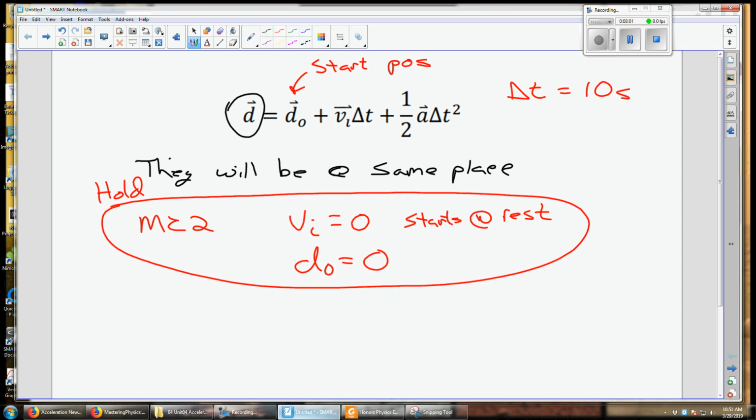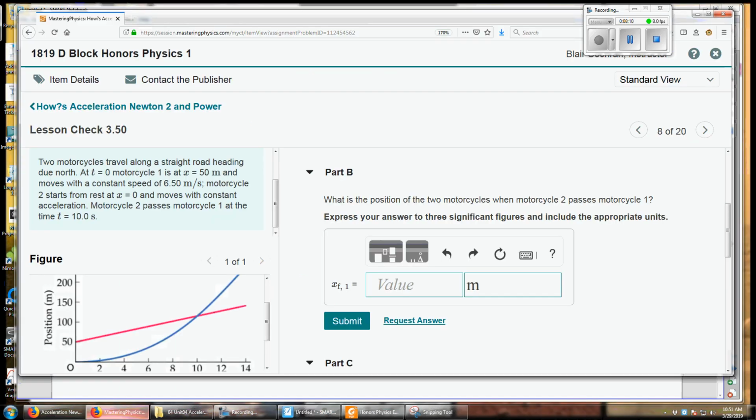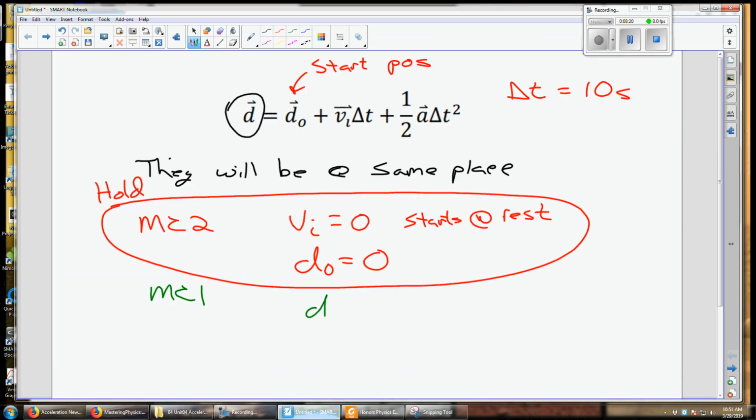And let's go with motorcycle number 1. For motorcycle 1, it tells me at time 0, I'm at 50 meters. So my D naught is 50 meters, because it said at time 0.